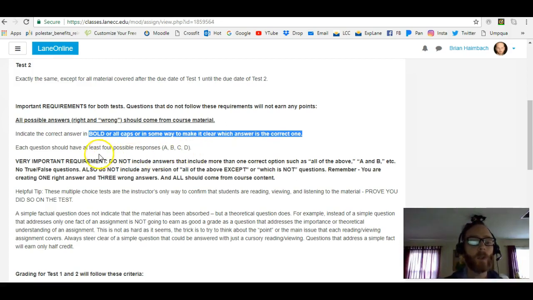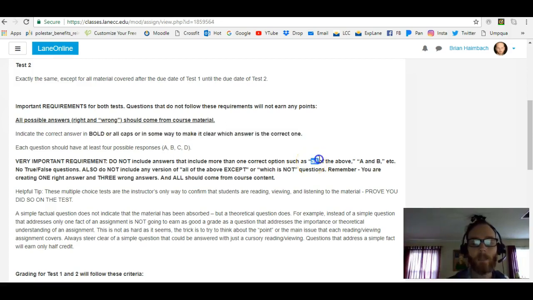So each question will have at least 4 possible responses. You're going to create a question and then A, B, C, or D for options. Very important. None of these A, B, C, Ds can be all of the above or A and B or any of that kind of stuff.